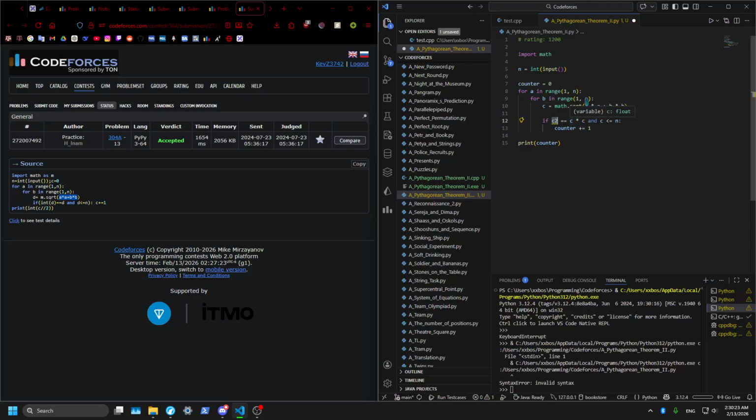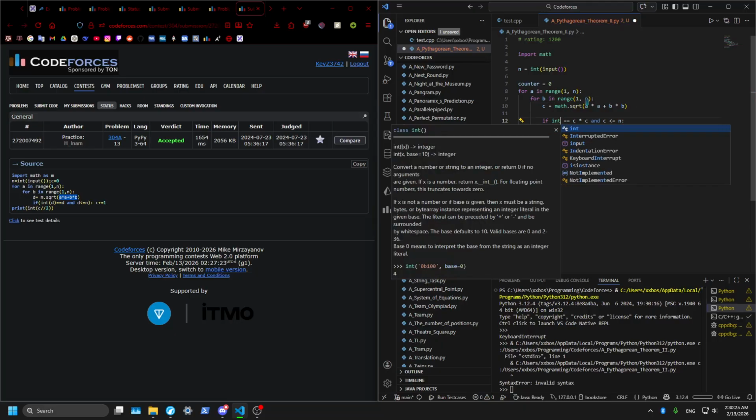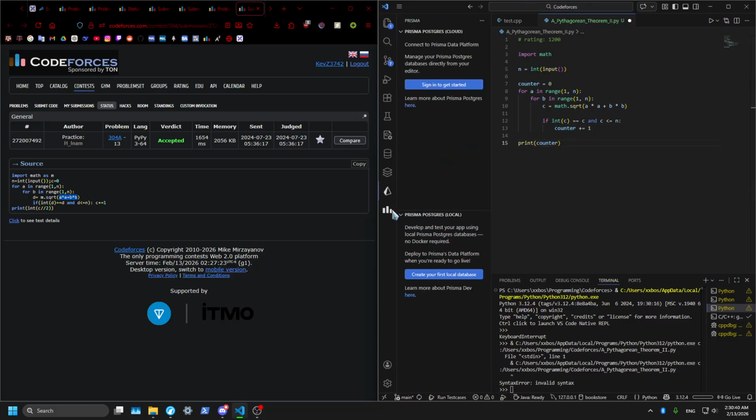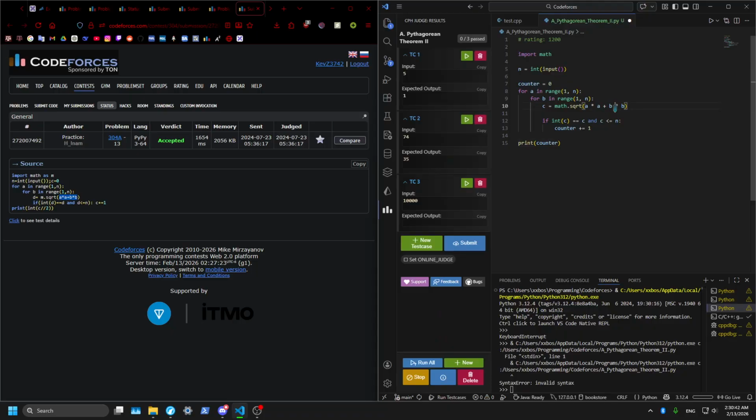If int c is equal to c, so we're just checking if it's a fraction or not, and c is less than or equal to n, counter plus equals 1, print counter. But I feel like I had a solution that was basically just this, and it was too slow.